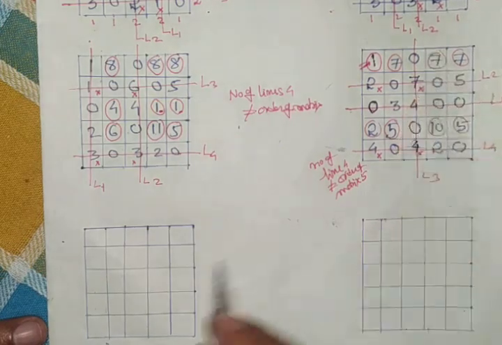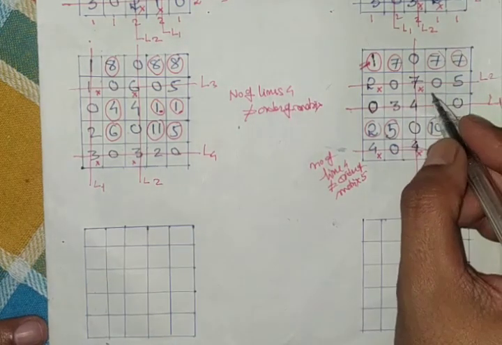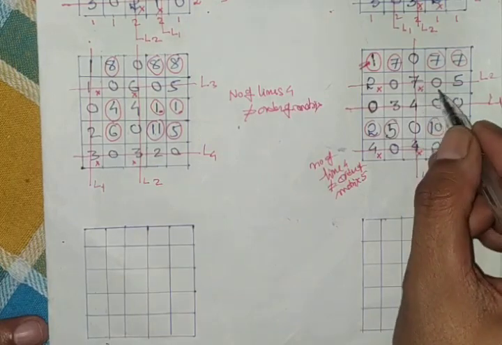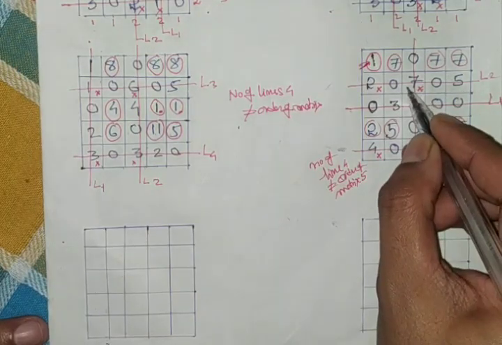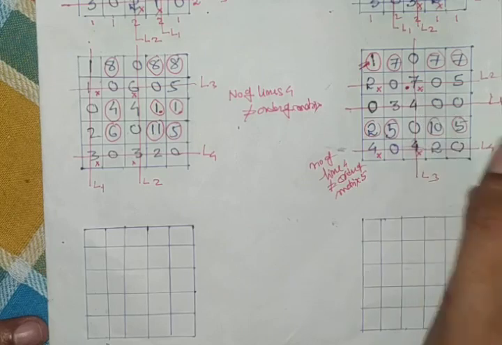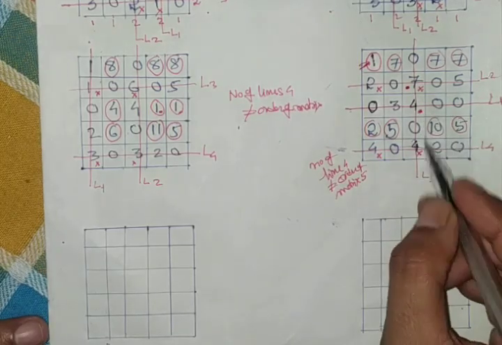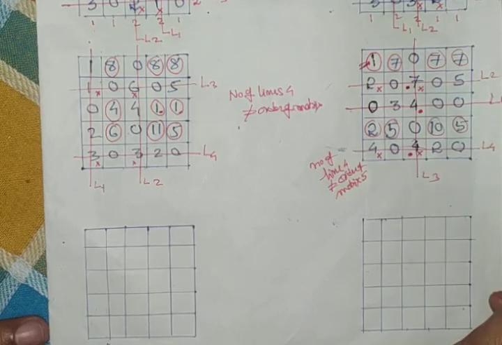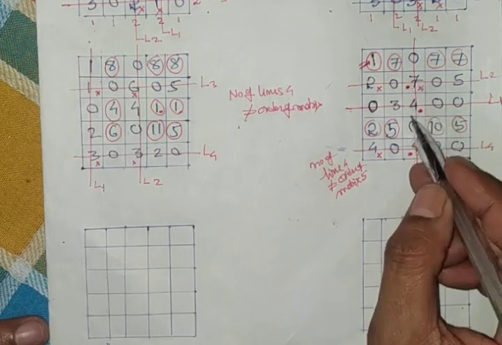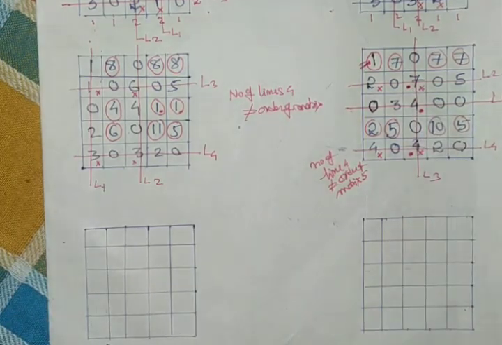Let's find the cross elements. Here is this one, then this one, then this one. These 3 are the cross elements.